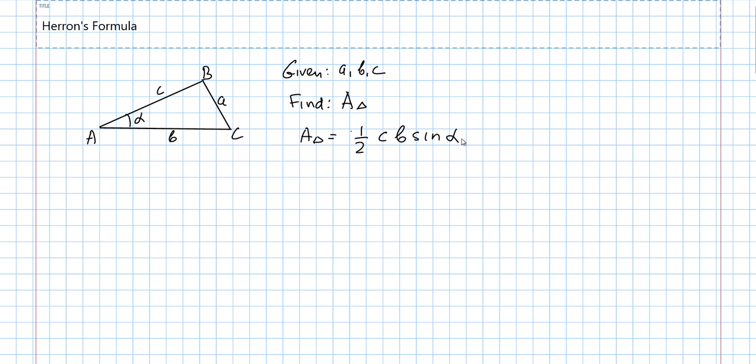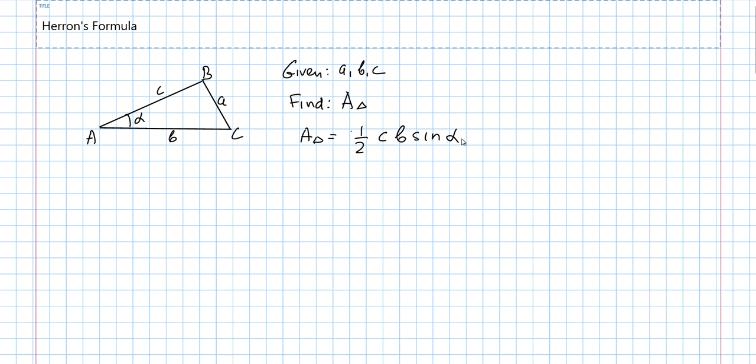You don't know sine alpha, but you know a, b, and c, the lengths of the three sides of the triangle. Using them, you can solve for the cosine of alpha, and from the cosine of alpha you can solve for the sine of alpha.